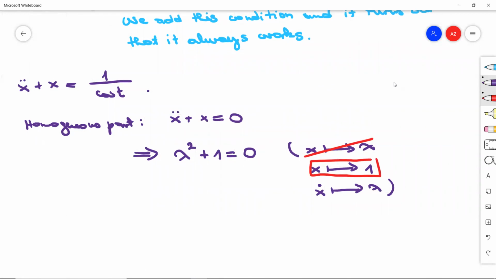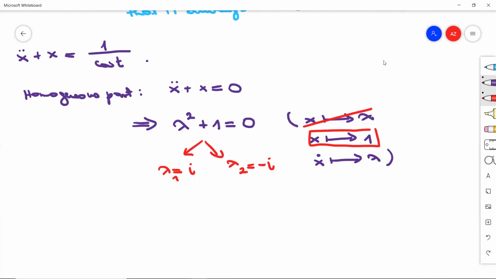So lambda squared plus 1 has two solutions: lambda 1 is i and lambda 2 is minus i. But we would like to have real solutions. So how do we get real solutions out of this complex conjugate pair?